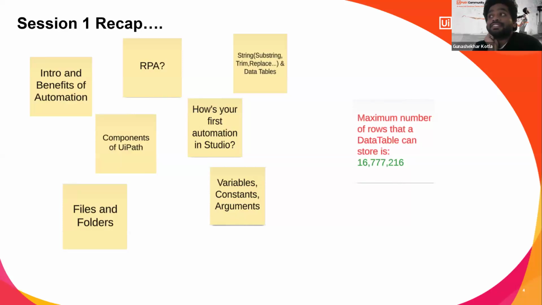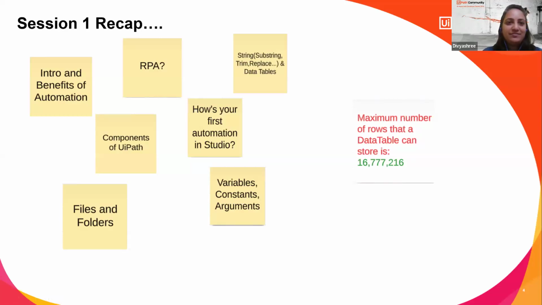There was a question yesterday in session one: how many row items can be stored in a UiPath data table? So that's the answer, guys. The maximum number of rows that a data table can store in UiPath Studio is that number.